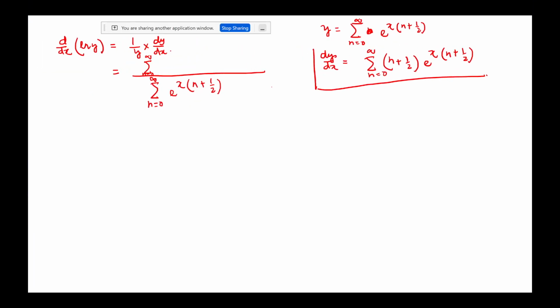So this will be (n plus half) e to the power x (n plus half).